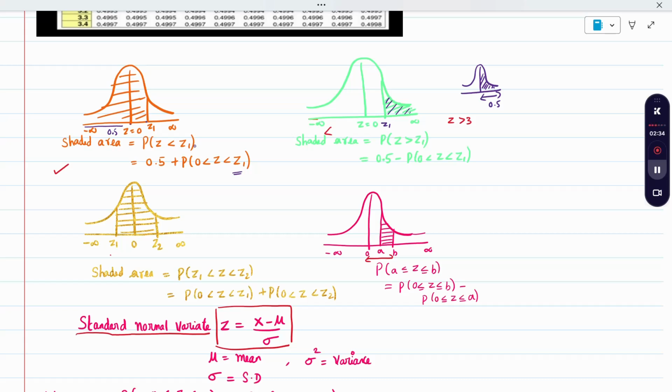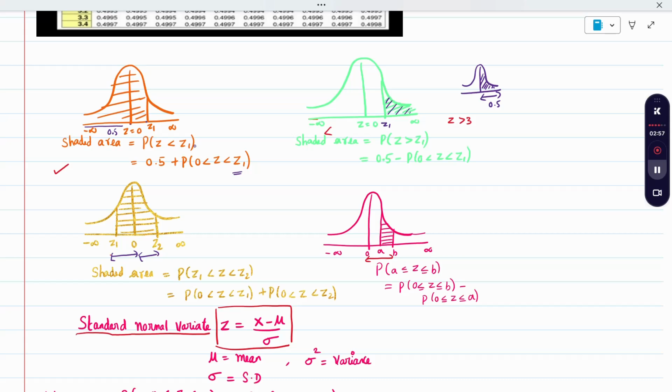Third case: when the region is between negative and positive. It may be any negative, any positive. Here it is 0 to the negative plus 0 to the positive. So it is 0 to Z1 plus 0 to Z2, and I have to add them.